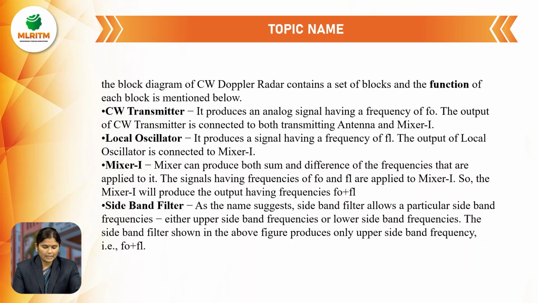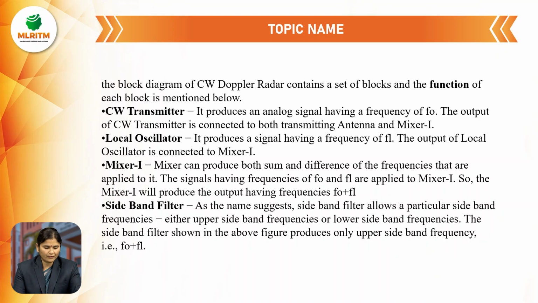Mixer 1 can produce both the sum and difference of the frequencies applied to it. The signals having frequencies F0 and FL are applied to mixer 1, and it produces output having frequencies of F0 plus FL.